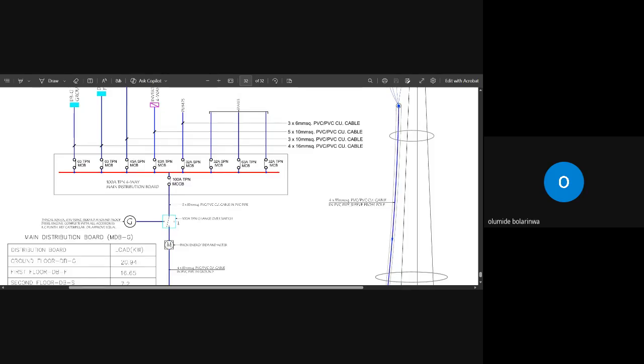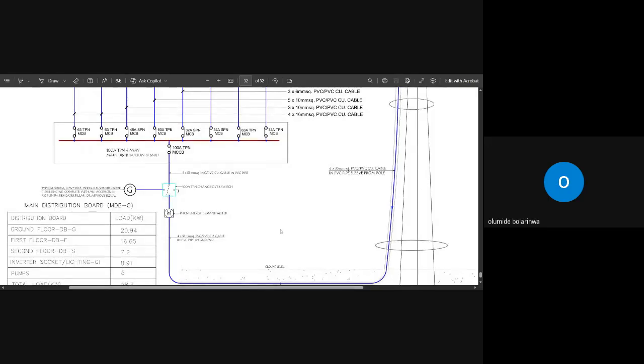Your DB. They said 100 amps TPN 4-way main. So let's look for MDB now. But before we look for MDB, our 4 mm by 35 mm core cable stops where we have our changeover switch, which is COS.